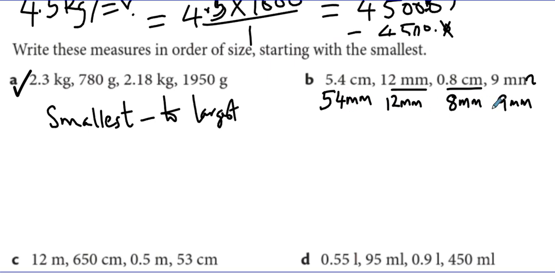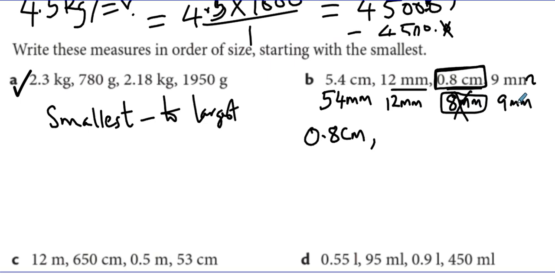So we find that the smallest of all is 8 millimeters. But it was given in terms of centimeters. So we write 0.8 centimeters and we ignore this one.